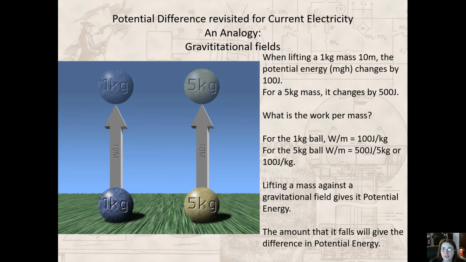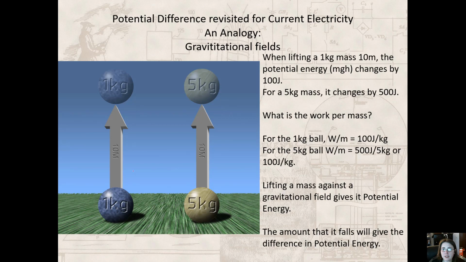So for example, what is the work per mass if we had two different scenarios, one where the ball was 1 kilogram and it moved so that it got 100 joules of energy, or we had a second ball and it stored 500 joules. What would that be per mass?